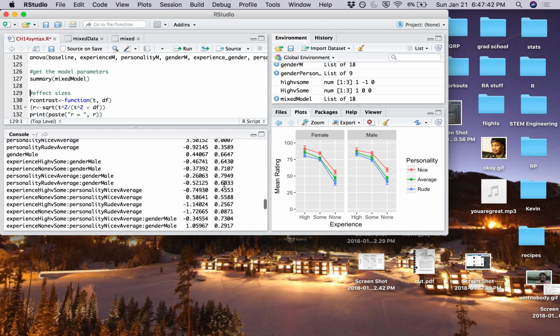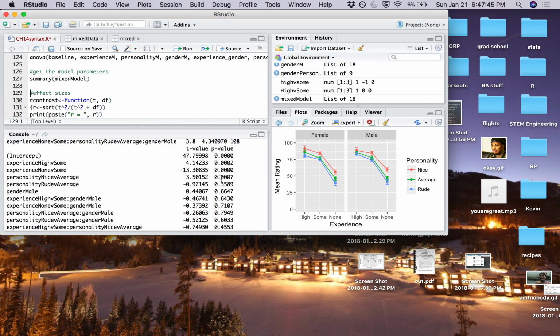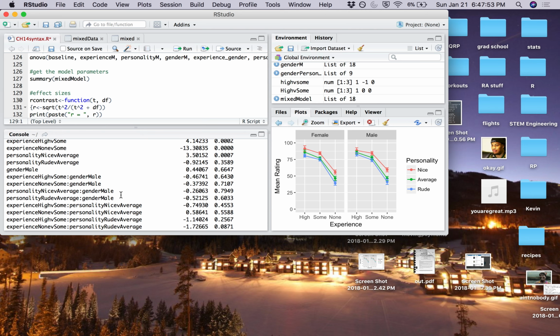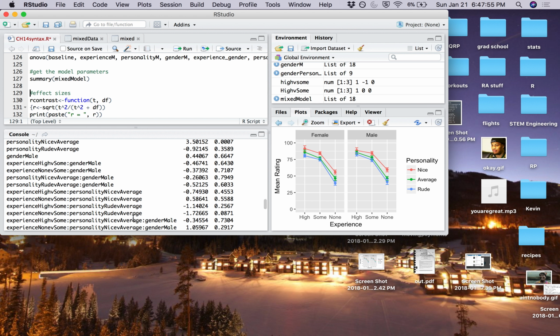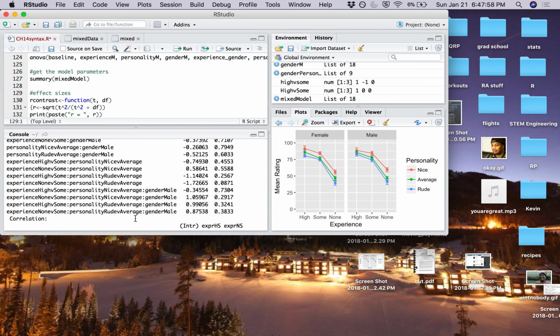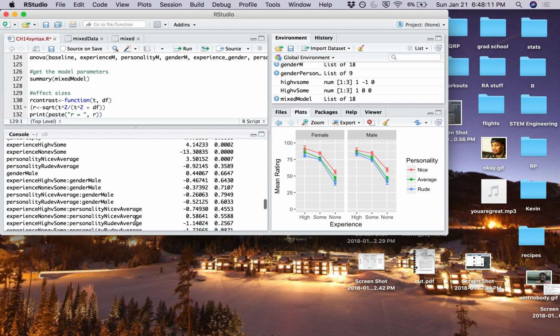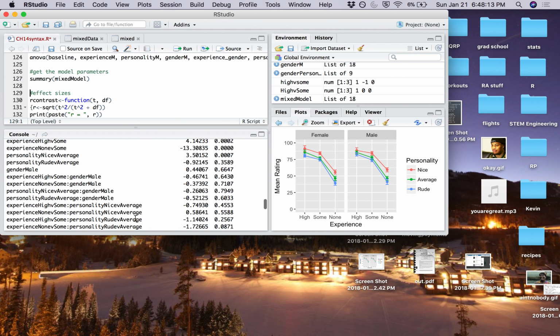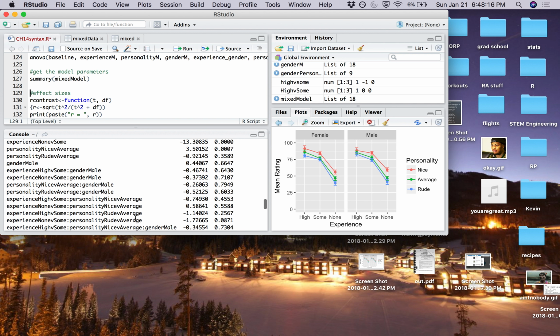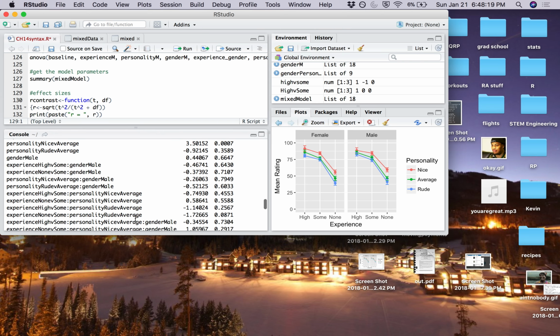But we don't have any other interactions past personality and experience. We don't have any interactions with gender or even the three-way interactions. So we only have the interaction of experience of high versus some, and then none versus some, and then nice versus average personality.